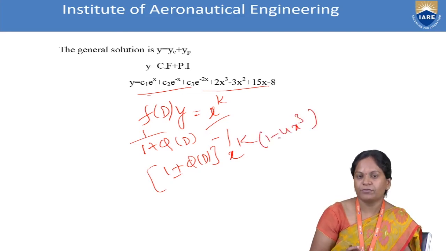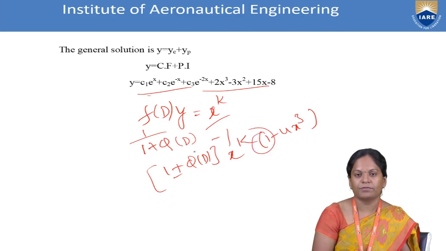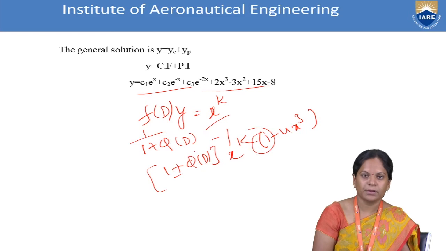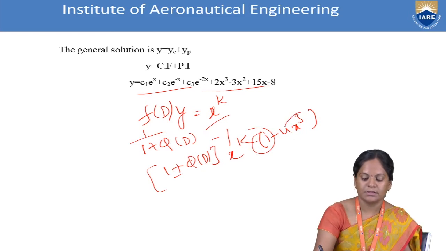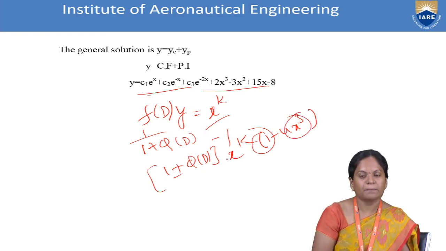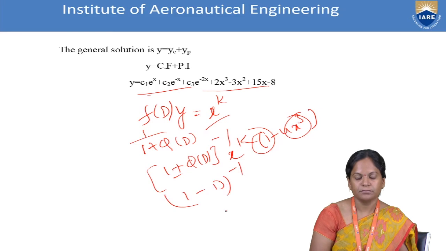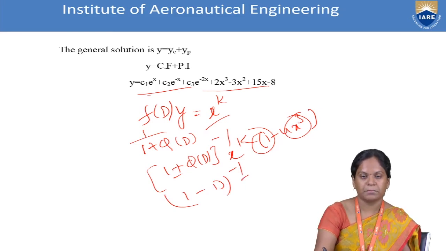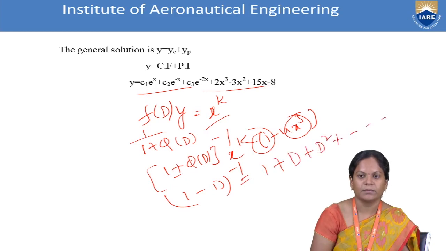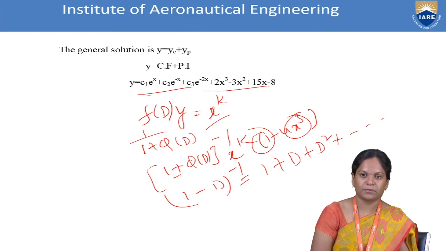Sometimes we can split and we can find yp1 and yp2. yp1 we can find by using 1 and yp2 we can find by using this 4x cube. So 1 plus or minus phi of d whole inverse becomes the 1 minus d whole inverse form. If both are negative, we'll get all the terms positive. 1 minus d whole inverse means 1 plus d square plus and so on into whatever it is, x power k or x power 2, x power 3.